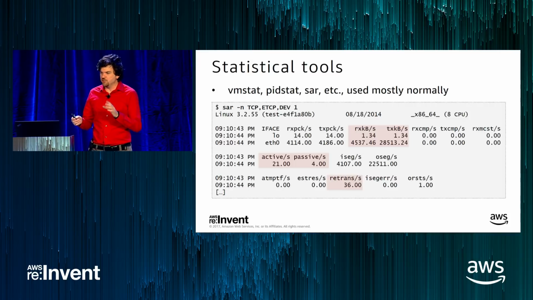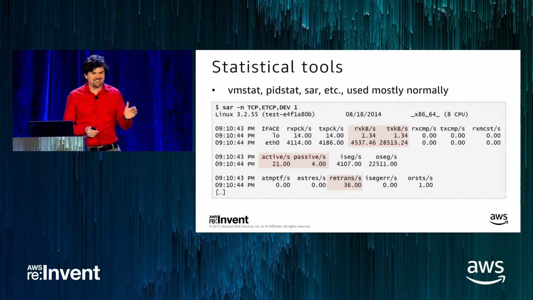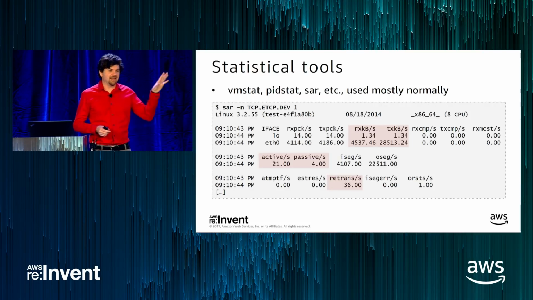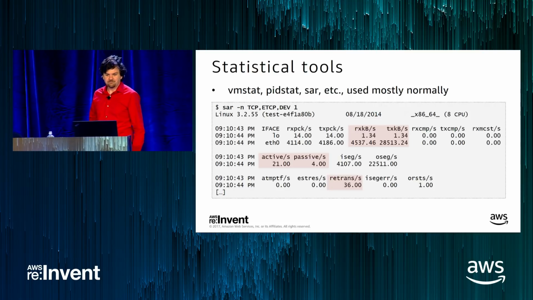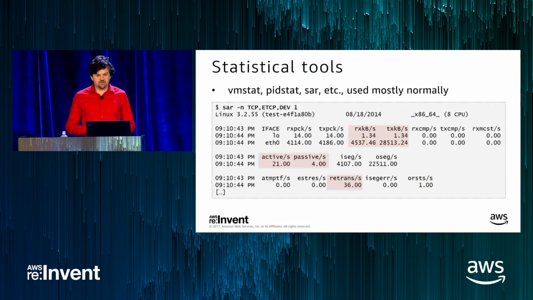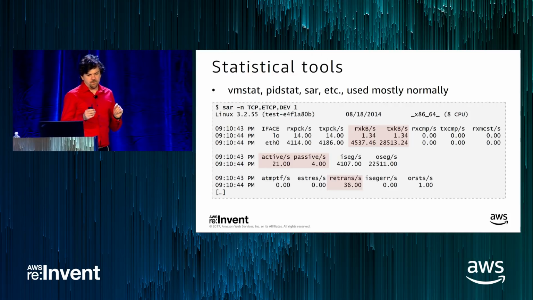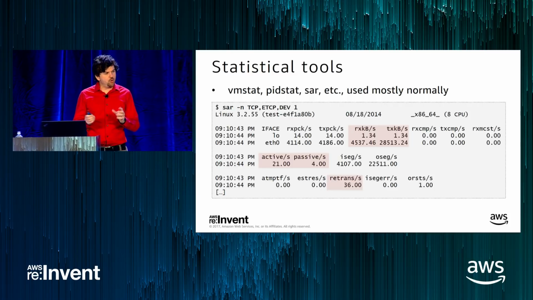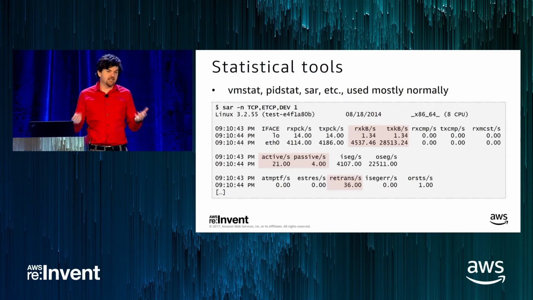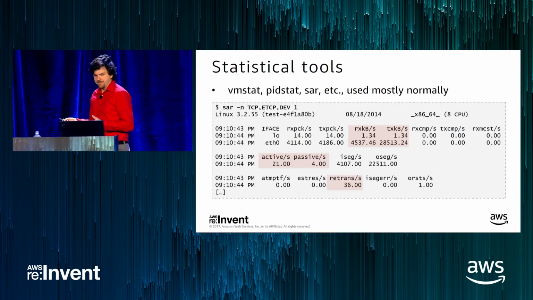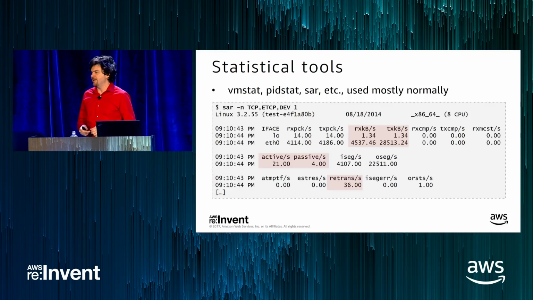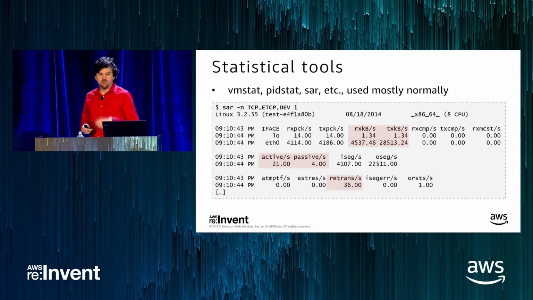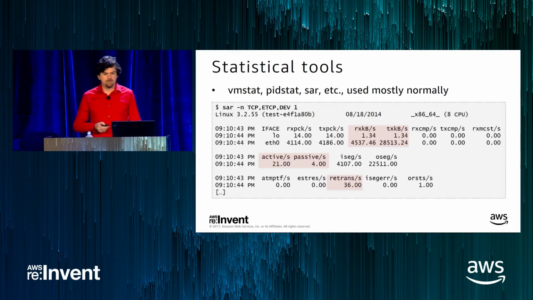It's unusual that we know we have one instance that's a problem, and for some reason workload hasn't automatically migrated off that instance. So statistical tools, it's important to understand these, however, because the graphical tools that we do use to examine cloud performance cloud-wide often use the same metrics. So if you look at sar and you understand what's being exposed, you'll see the same metrics in GUI tools.